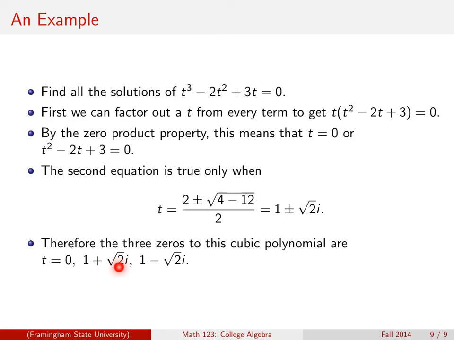So we have two solutions, 1 plus i root 2 and 1 minus i root 2. And then we also have t equals 0 because don't forget that greatest common factor could be 0. So this is just illustrating the fundamental theorem of algebra a little bit, and we will discuss this more in due time.